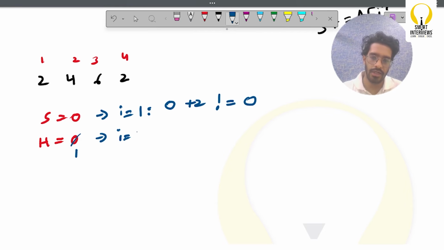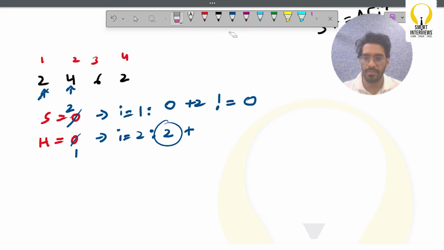Now when we go to I equals to 2, we also update the s value before moving to the next index, right? So s value should be updated to plus a of I, which is 2. Let's move forward. When I is 2, you will do 2 plus 2, the previous sum, and a of I is 4. You will see if it is not matching with 2 into s. 2 into s should be 4. This is summing up to 6 and it is not matching with 4. So that means happiness value increases once again.